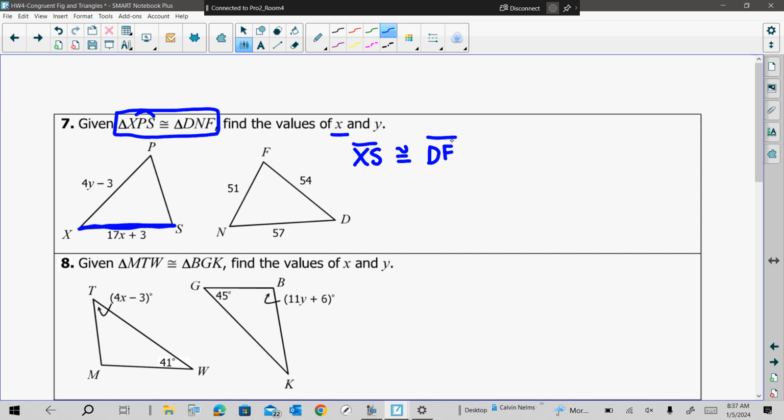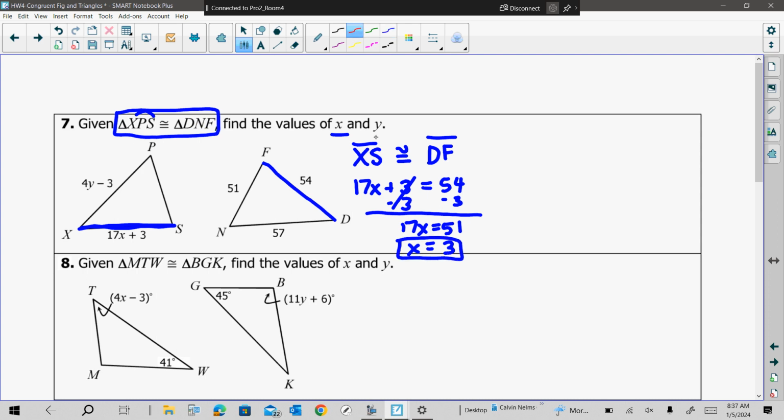So that helps me set it up. So here's my DF. That's 54. So we have 17x plus 3 is going to equal 54. So to solve, you're going to just subtract the 3. Get 17x equals 51, which means our x is going to equal 3 when I solve for x.